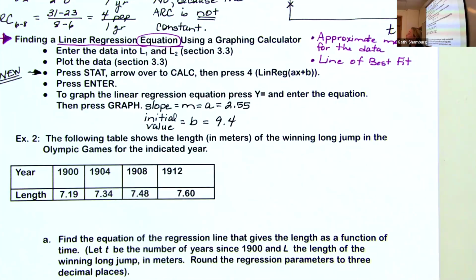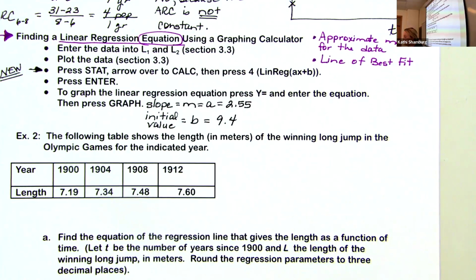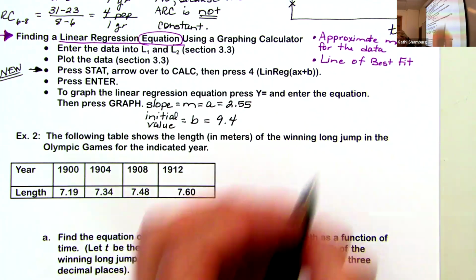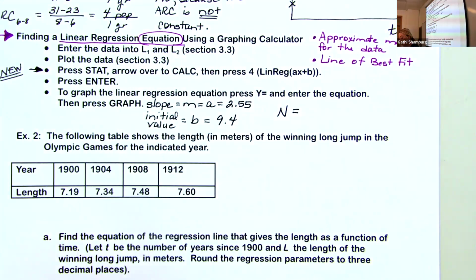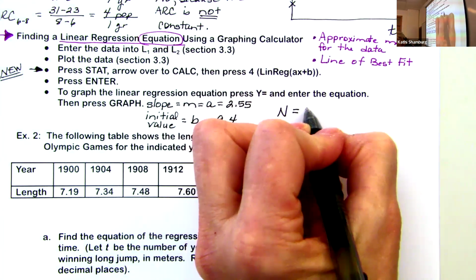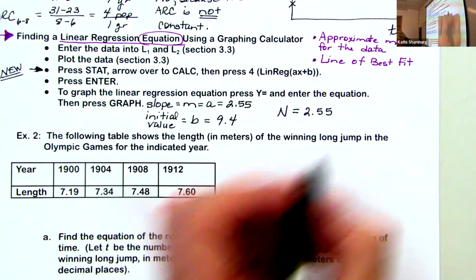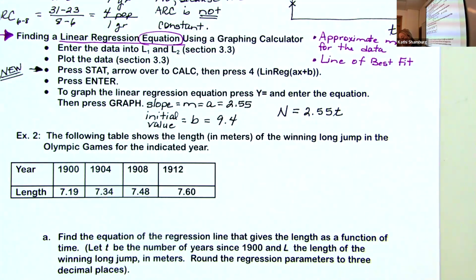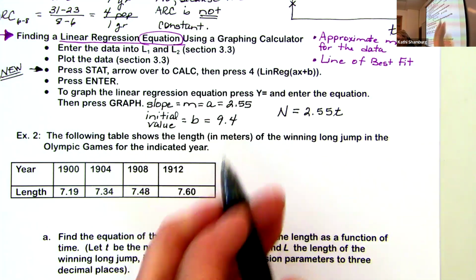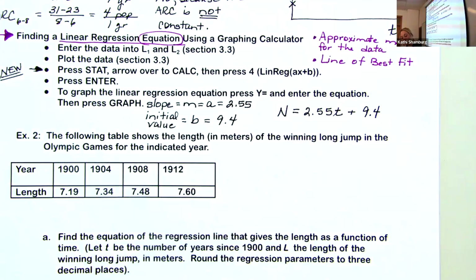So now I have the 2 pieces necessary to write an equation. So my equation, my function, is N equals slope, which the calculator gave us was 2.55, times the variable, and in the table, my variable is T, and then the initial value is positive, so we would do plus 9.4.